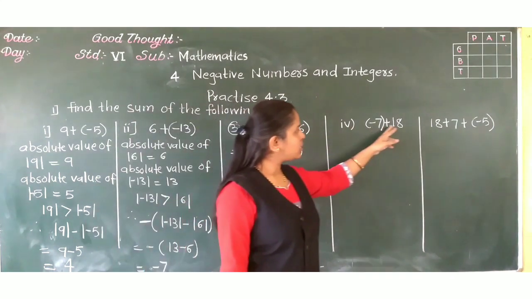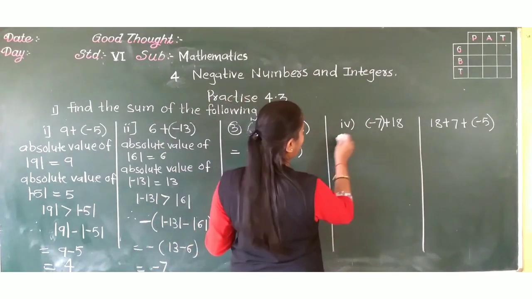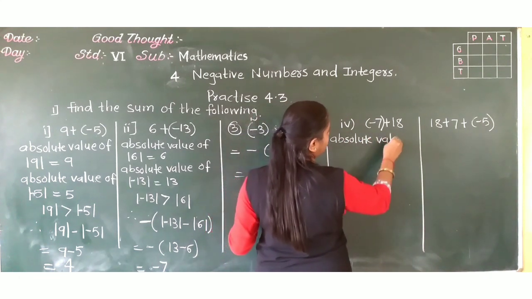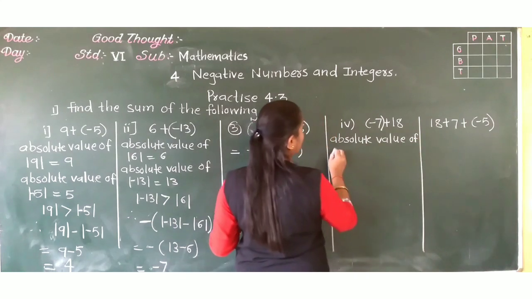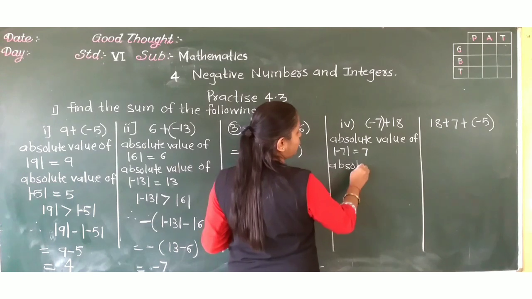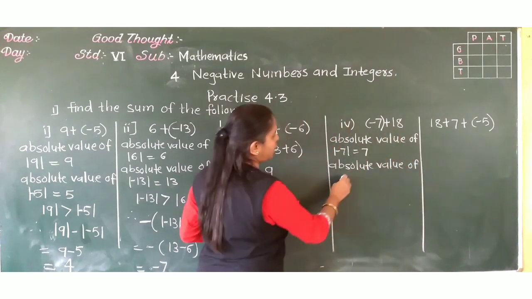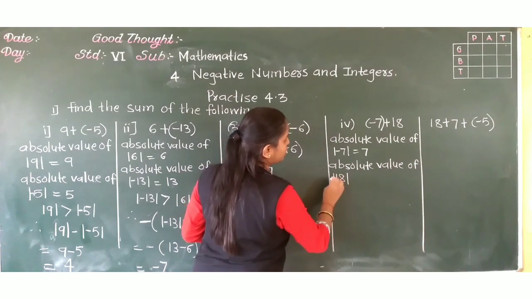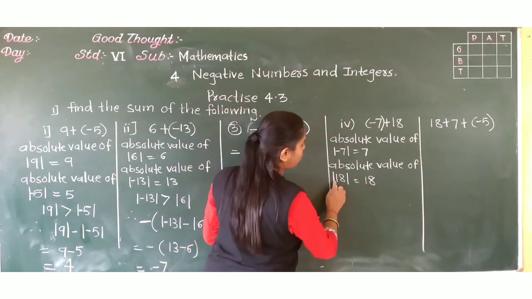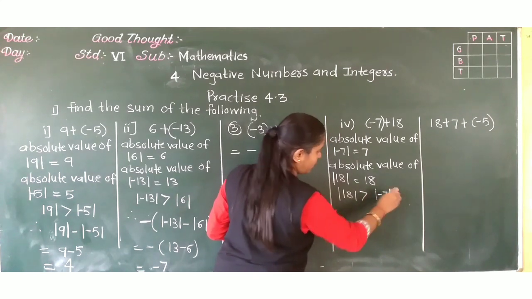Now next, again they have different signs, so you have to take absolute values. The absolute value of minus 7 is 7, and the absolute value of 18 is 18 only. So who is greater? The absolute value of 18 is greater than that of minus 7.